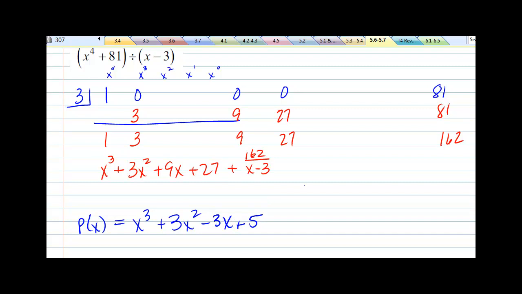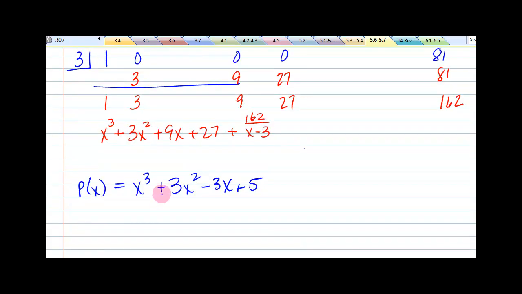And I want to know what happens to this polynomial when I evaluate it for x equals 1. Well, how do I do that? All I do is I take this 1 and I plug it in for every single x that's in this original polynomial. Remember, we did this when we studied functions.